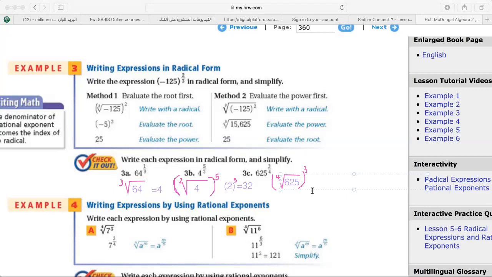What about the 5? When I multiply it 4 times by itself, it will be 625. So it is equal to 5 to the power of 3, which is equal to 125.